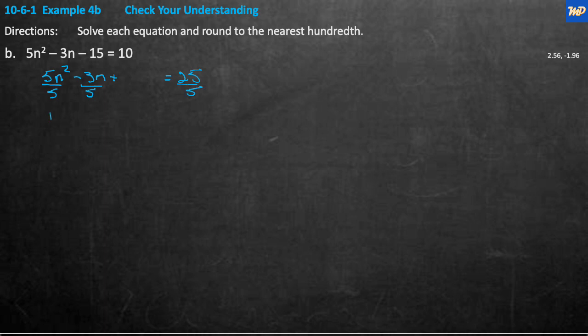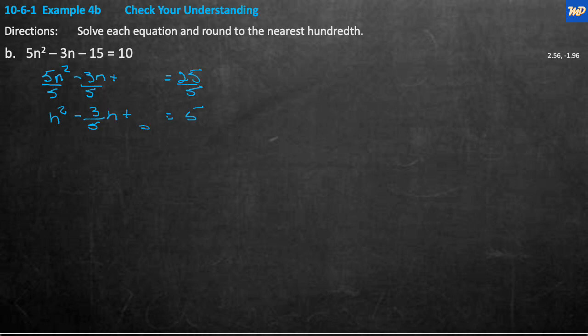And I'm going to have n squared minus 3/5 n plus blank equals 5. Now I have the room right here to put my n term. And I get the n term by taking 3/5 and dividing it in half, which is 3/10, and squaring it.